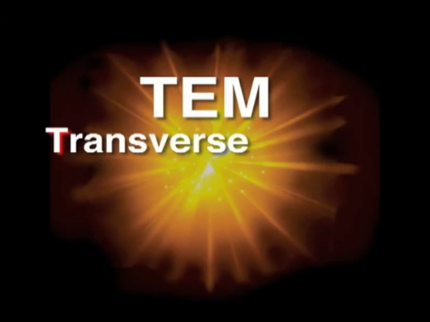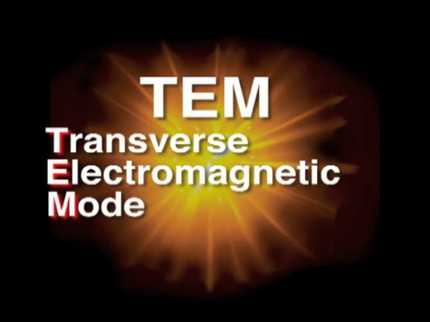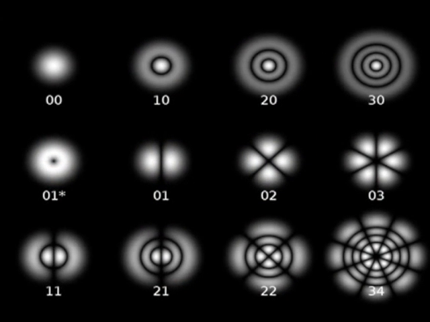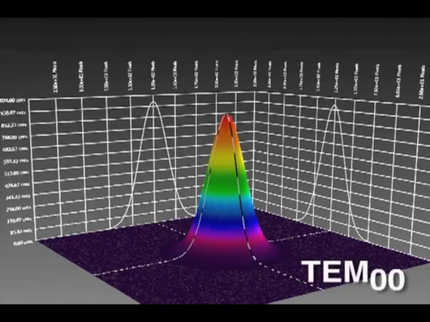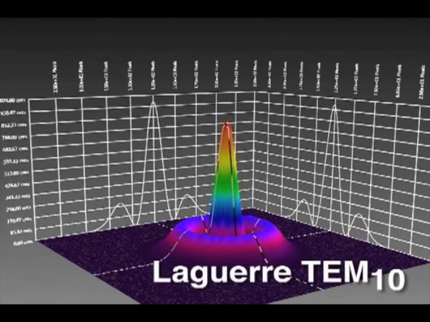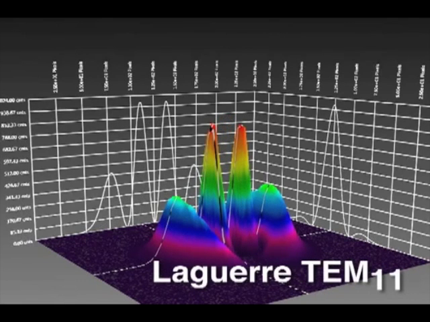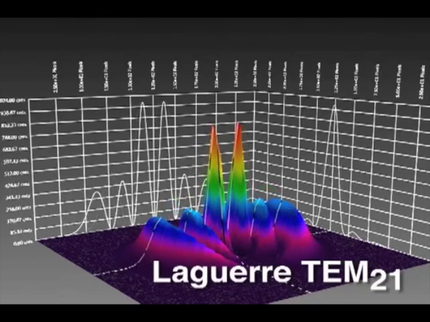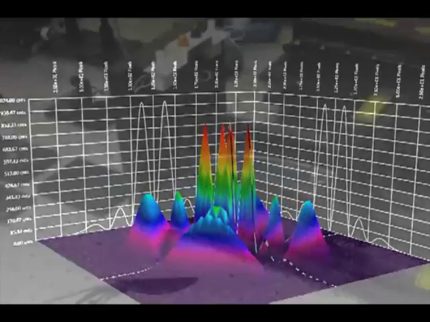TEM stands for Transverse Electromagnetic Mode, where electric and magnetic field vectors are both normal to the direction of propagation. The digits refer to mode content, where higher values indicate higher modal orders. All laser beams consist of mixes of various modal orders. Control of the mode mix is one of the goals of the laser designer.